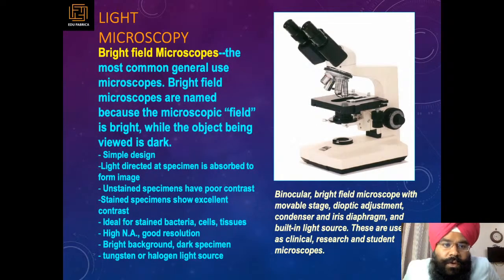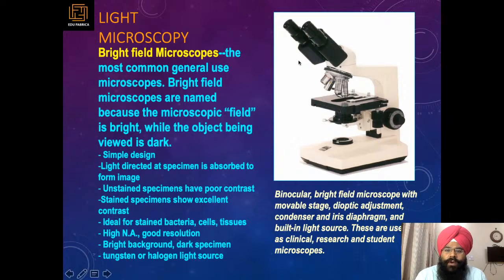So this is a bright field microscope, the most common general use microscope. Bright field microscopes are named because the field is bright, and the object viewed is dark in this case. It's a simple design, ideal for bacteria and tissues.